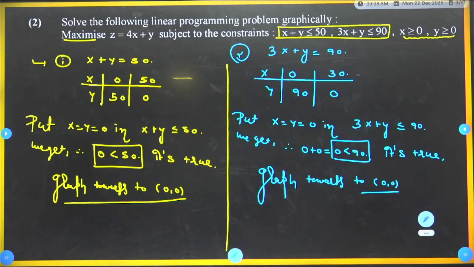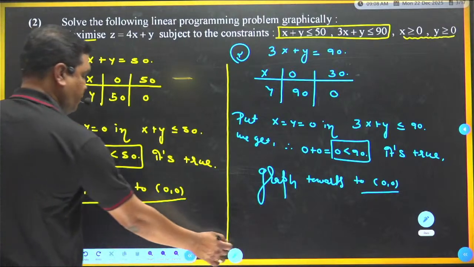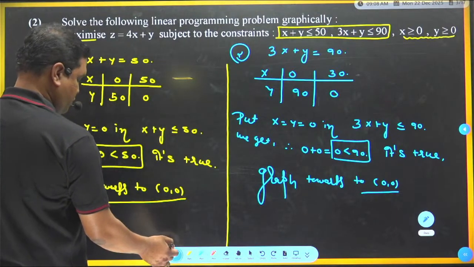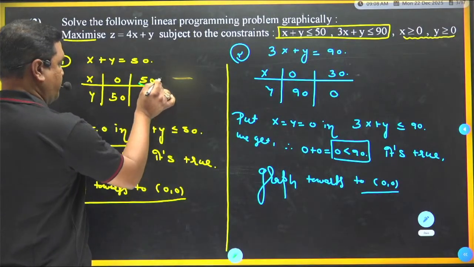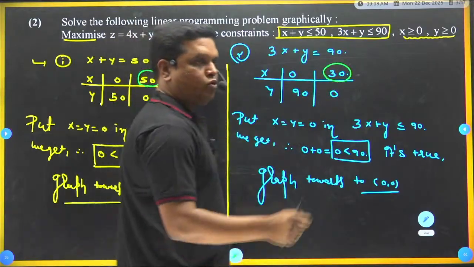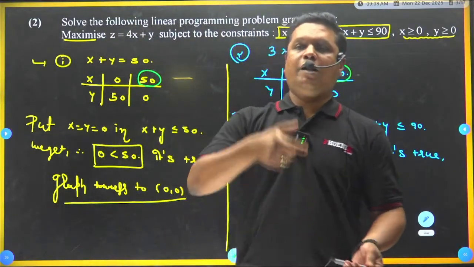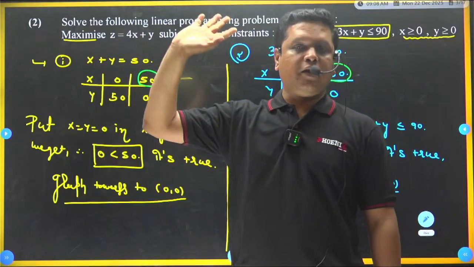Okay, complete. Now look at this, observe this value. Which value? X value, 50, 30. So when you draw the graph, keep a margin of 10, 20, 30, 40, 50 like that.